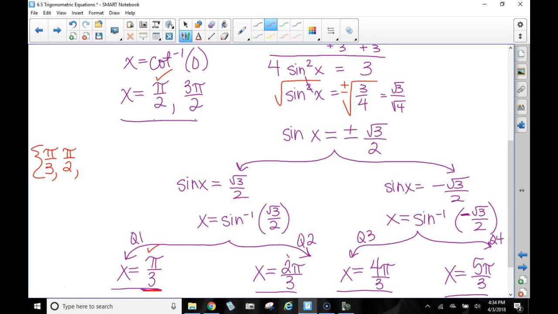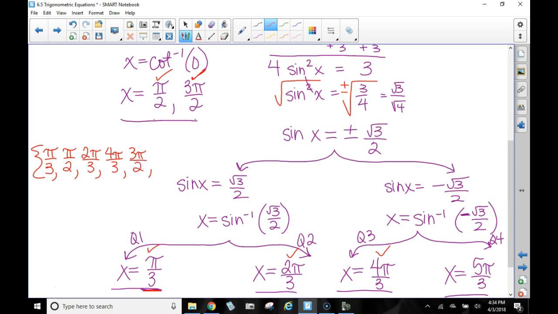Next would be this angle in quadrant 2, 2 pi over 3. Then next, we would hit this angle in quadrant 3 of 4 pi over 3. Then we would hit this quadrantal angle of 3 pi over 2.